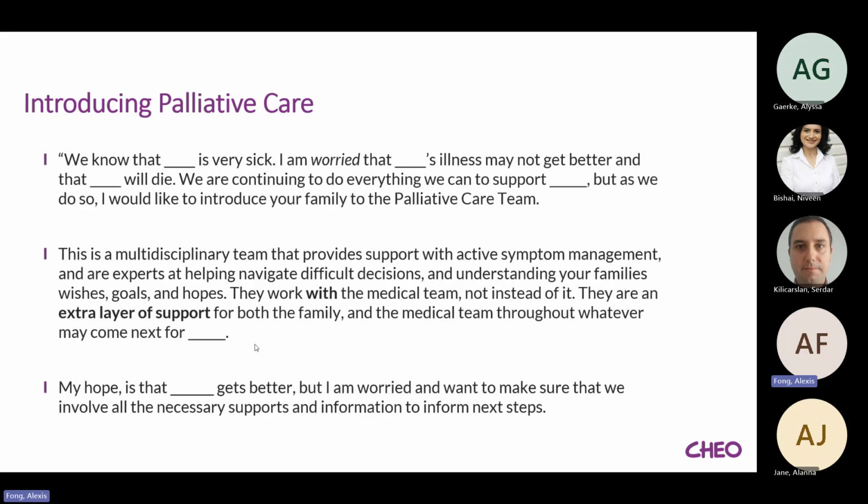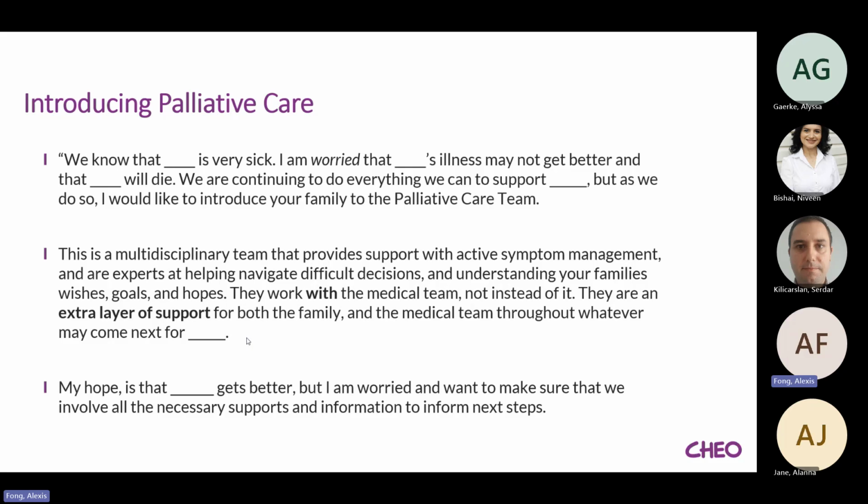An example of how you can introduce palliative care in someone who is critically ill is: we know that Johnny is very sick. I am worried that Johnny's illness may not get better and that Johnny will die. We're continuing to do everything we can to support Johnny, but as we do so, I'd like to introduce your family to the palliative care team.